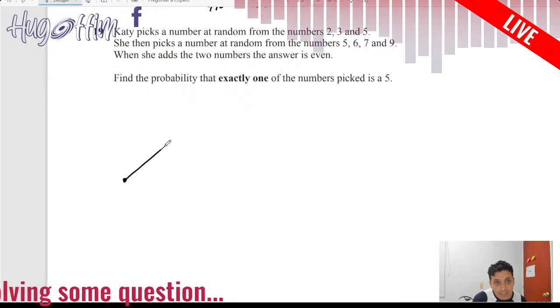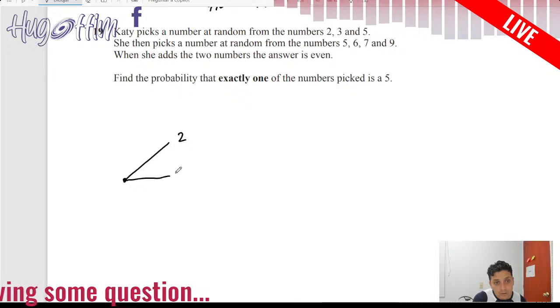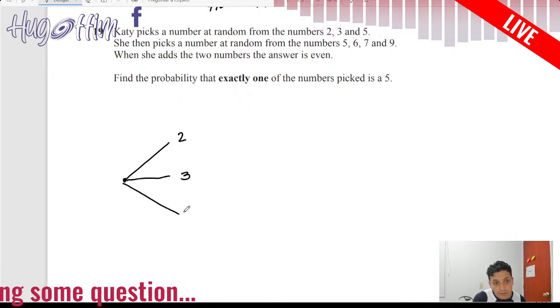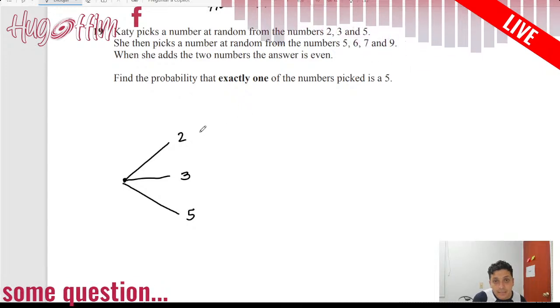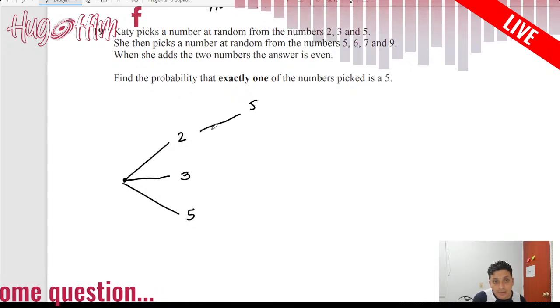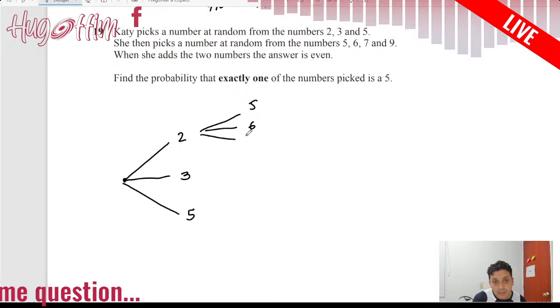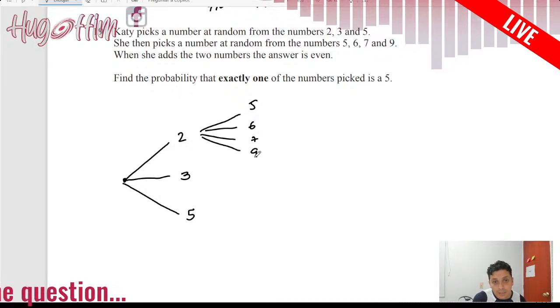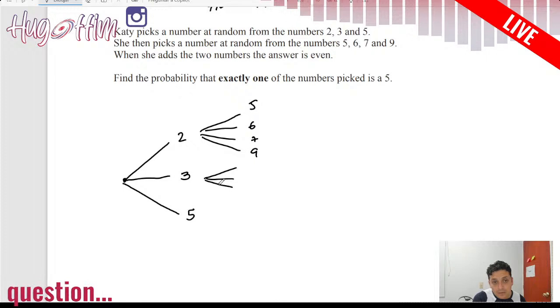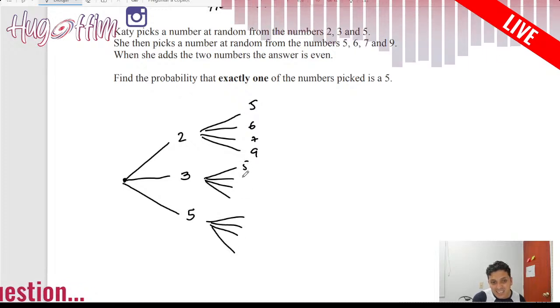So the first pick is 2, 3, and 5, and the second pick is 5, 6, 7, 9.